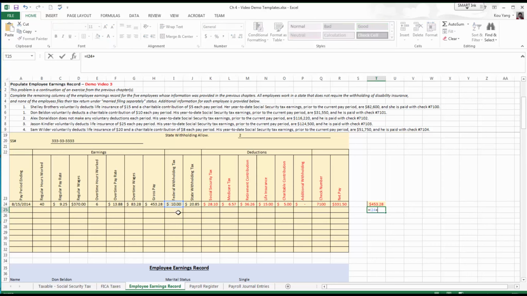You can take federal plus state plus Social Security plus Medicare plus retirement plus life insurance plus the charitable contributions and plus any additional withholdings. You add all that up, then take the net pay, subtract all the deductions, and you would still get $331.50. What I did here was simply put in a formula for Excel to figure it out easier.